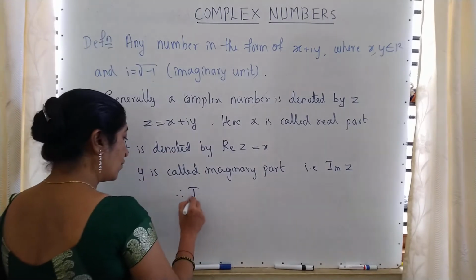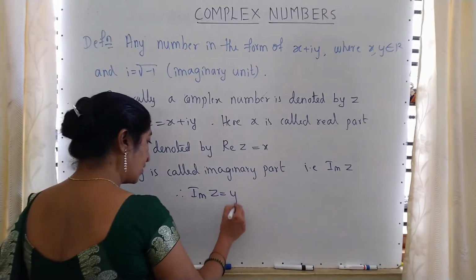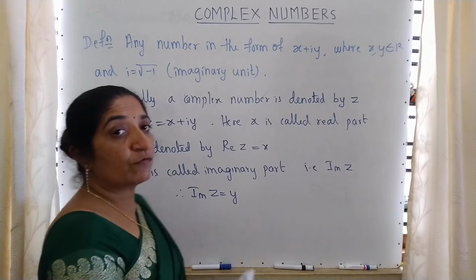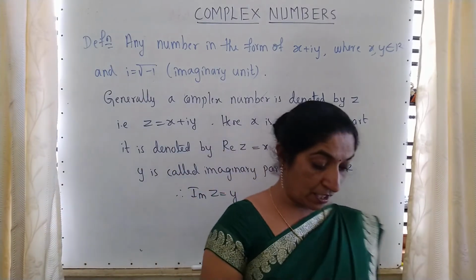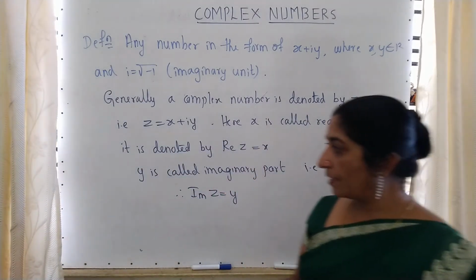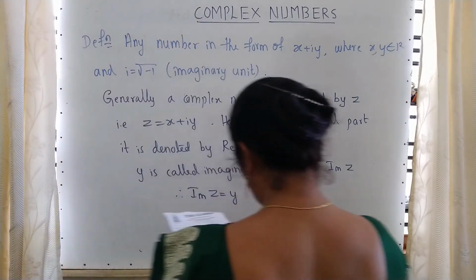Therefore, Im of z, that is imaginary part of z, is y. The term with i is called the imaginary part. x is called the real part and y is called the imaginary part.